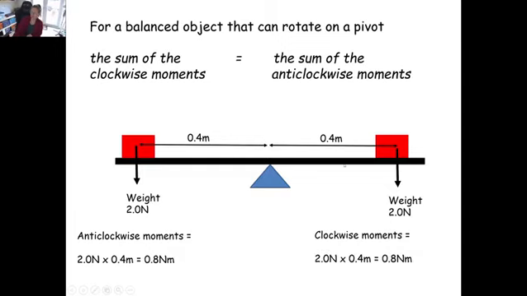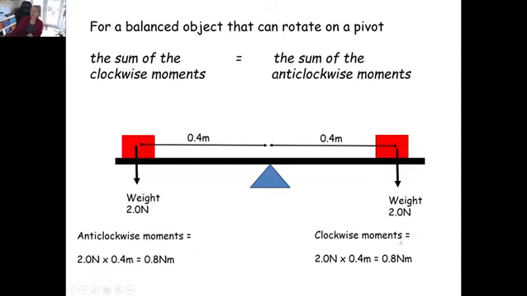If we look at the clockwise moment, that's going to be the same but in reverse. The weight is pushing down in this way. Here's our pivot point here, so we would describe that as being a clockwise moment, and that's going to be the same, 2 newtons times 0.4 meters. That will be a moment of 0.8 newton meters.